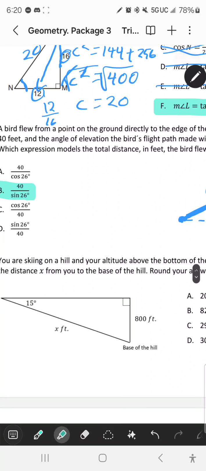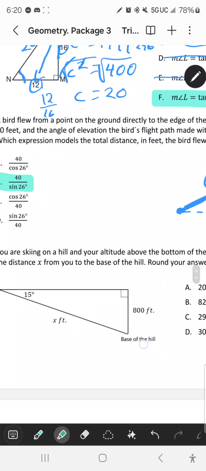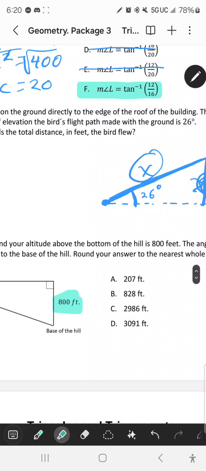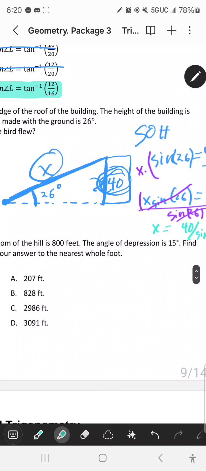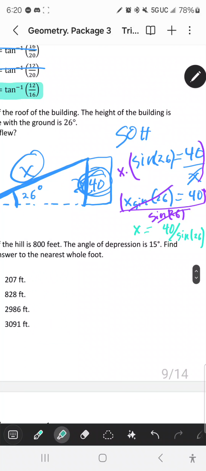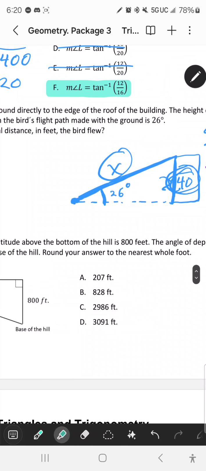Now let's continue. You're skiing on a hill and your altitude above the bottom of the hill is 100 feet. It's right here, so I don't need to draw anything. The angle of depression is 15 degrees. Find the distance x from you to the base of the hill.